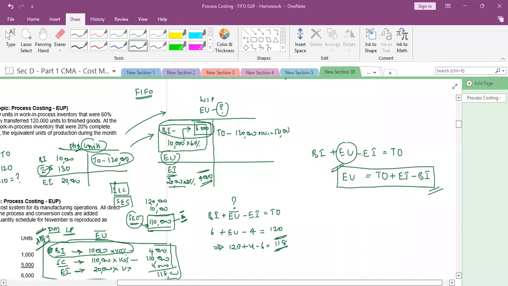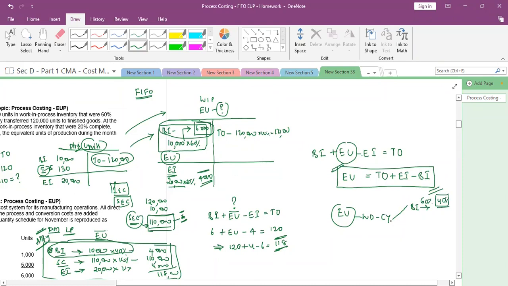But when we calculate equivalent units here, it is work done during the current year. On beginning inventory, already completed is 60%. We are doing the remaining 40%. How much work is done today? That one we are calculating.